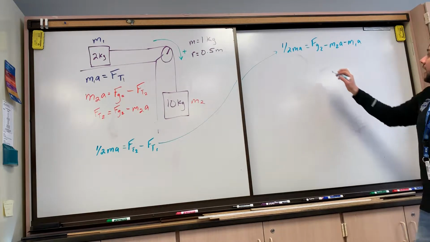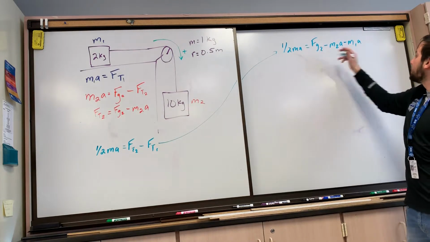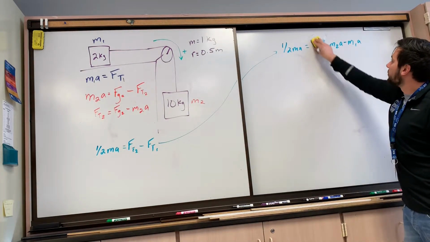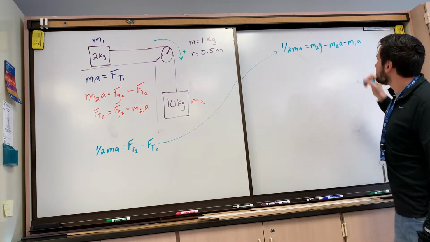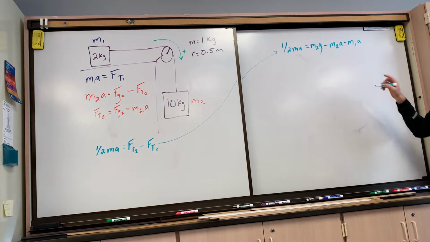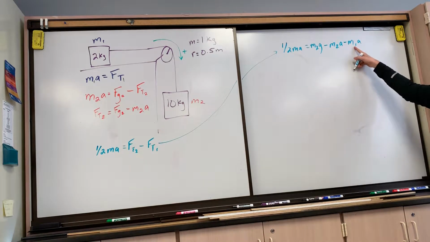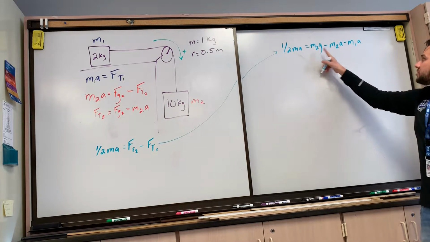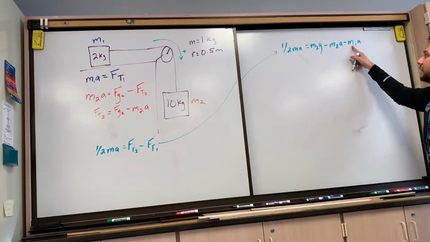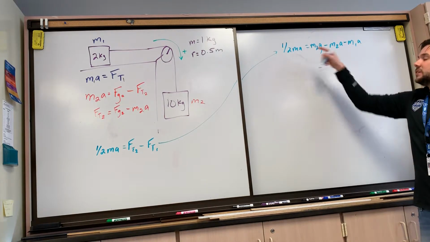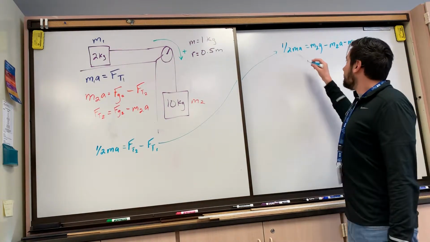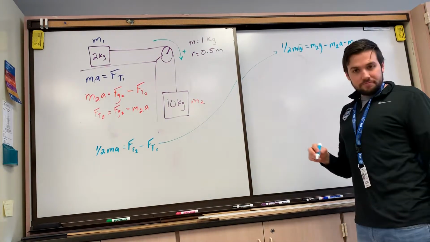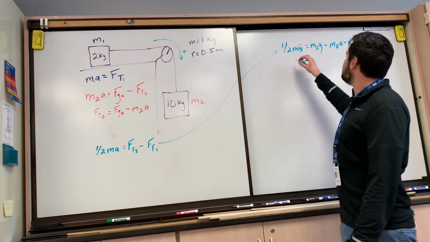So now I can rewrite some stuff. fg2 I can rewrite as m2 times g, and m2 and m1 are known values. So I know m2, I know m1, and I can solve for a, because I know what all my variables represent now. The only variable I'm missing is a.